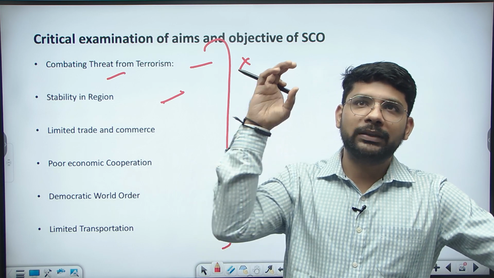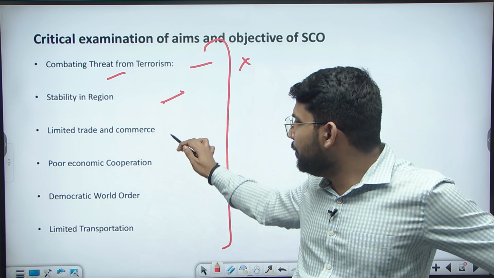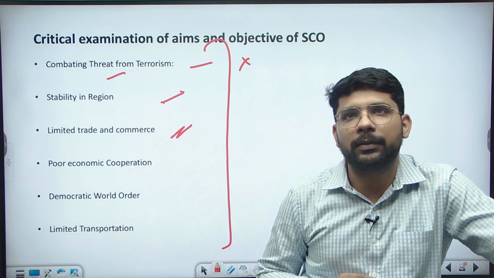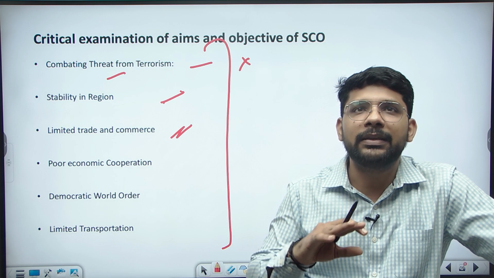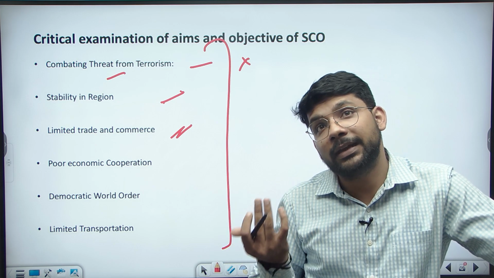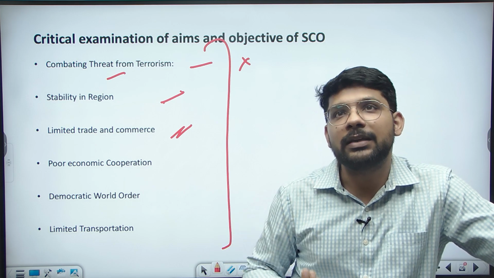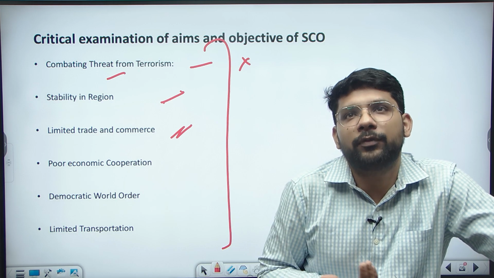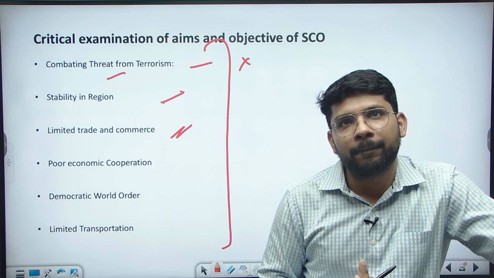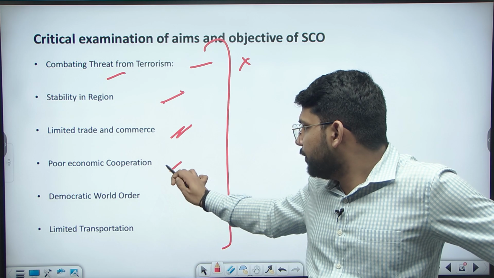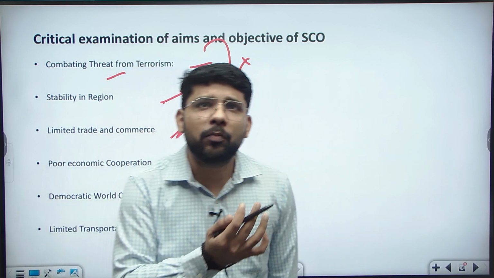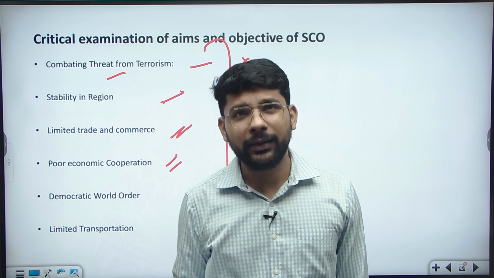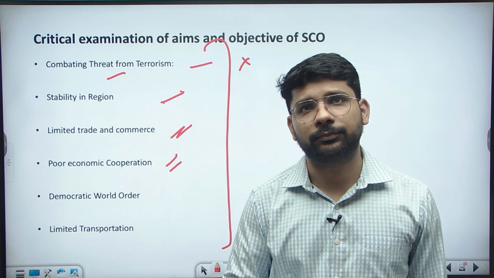But due to the trust deficit factor, there is limited trade and commerce between these countries. There are not huge trades, except between India and China, where India is the largest trading partner in terms of imports from China. Then poor economic cooperation between the countries. If trade and commerce are less, then economic cooperation will also be less.